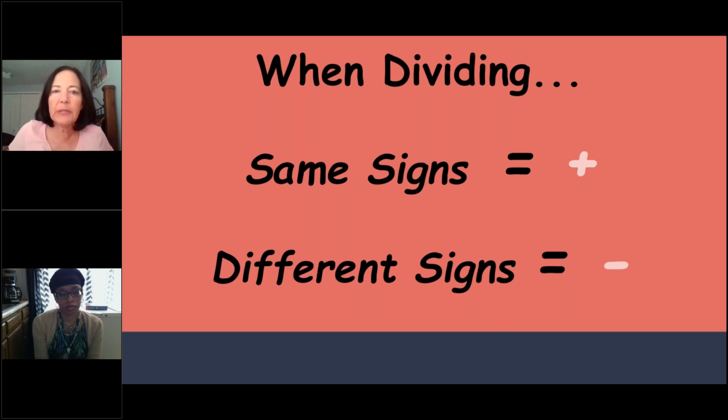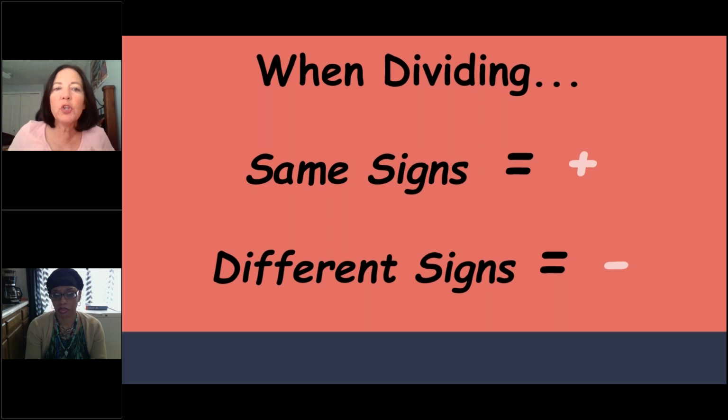That's why I say multiplying and dividing positive and negative numbers is so much easier than adding and subtracting them. So when dividing, just like multiplying, if the signs are the same, it equals a positive. If the signs are different, the answer is going to be a negative. So Brianna, I think you were writing down the rules.